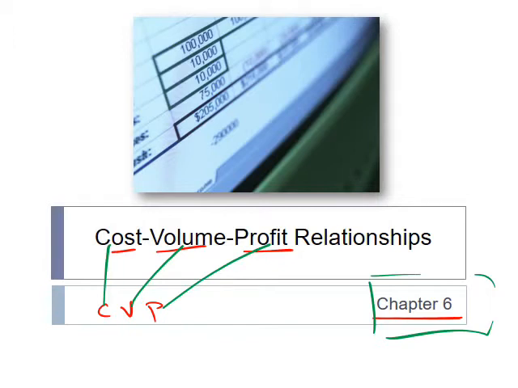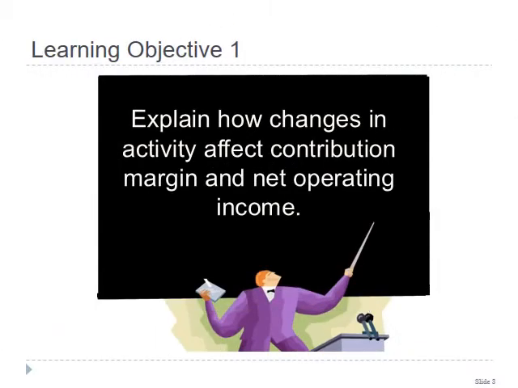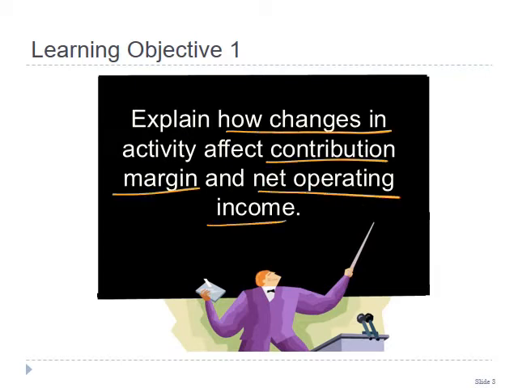So let's begin our learning objective 1. That is, explain how changes in activity affect contribution margin and net operating income. So just going to give you a little idea about contribution margin.